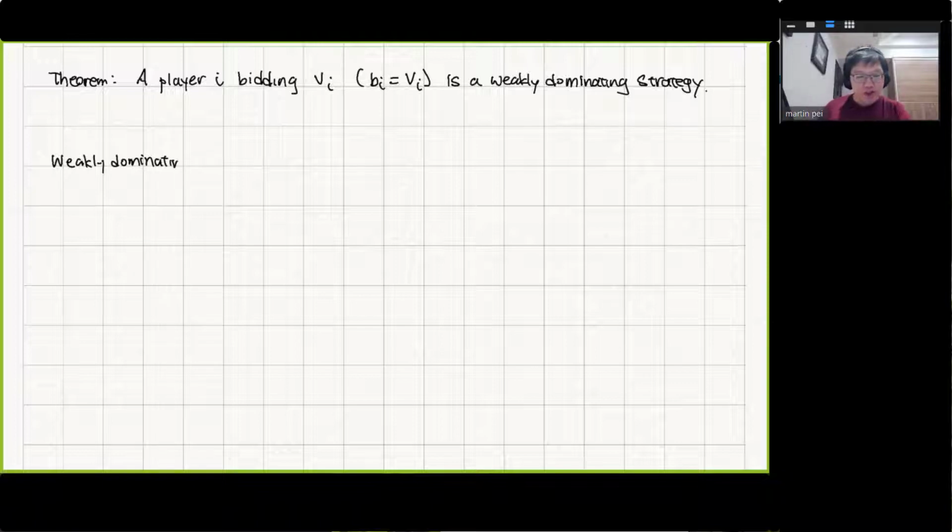Weakly dominating means that regardless of what the other players play, there's no reason to switch to another strategy.